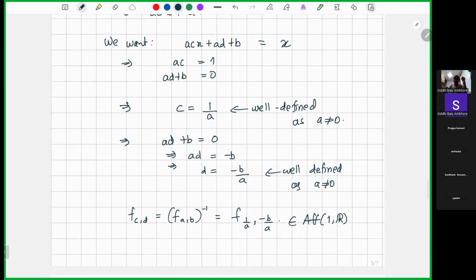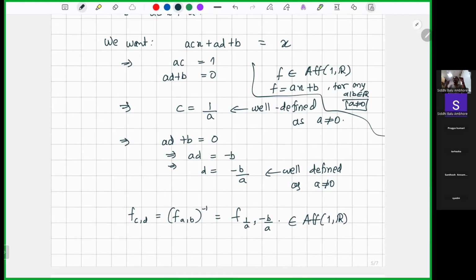If we did not have the condition, and f was just ax plus b for any a comma b in R, with the condition that a is non-zero not there, then that would not form a group, because the inverse would not exist.